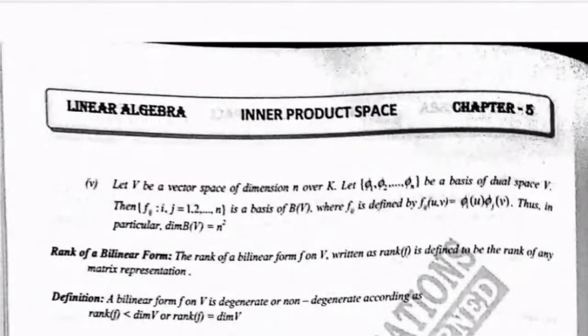Let V be a vector space of dimension n. Let phi 1, phi 2, up to phi n be a basis of V. Then we can say that the f ij are defined by f ij of u comma v equal to phi i of u into phi j of v. So all the f ij form a basis of B of V, where B of V is the collection of all bilinear forms.